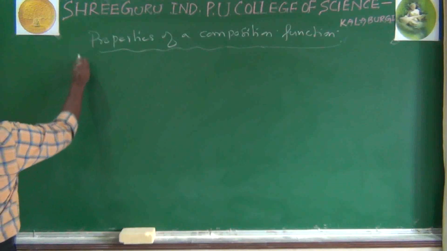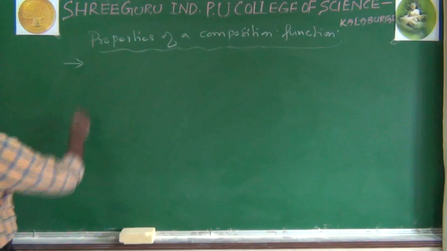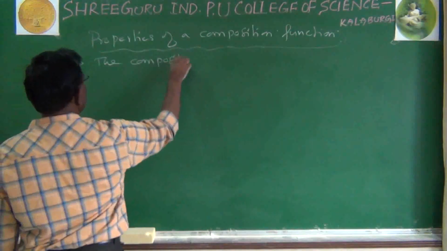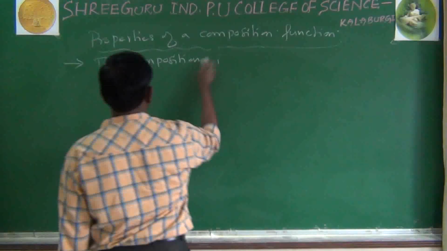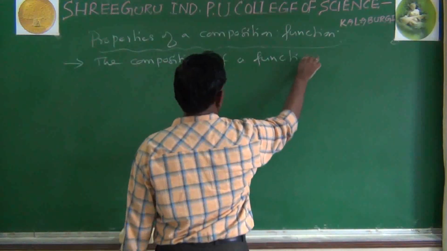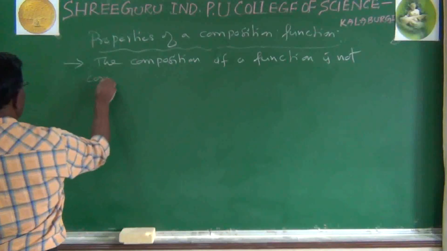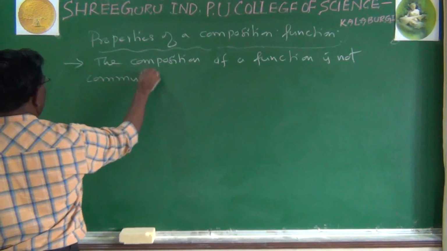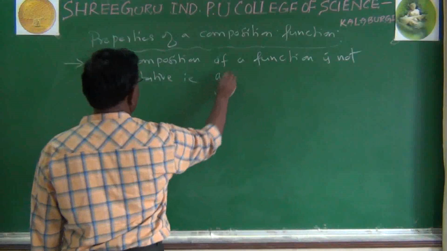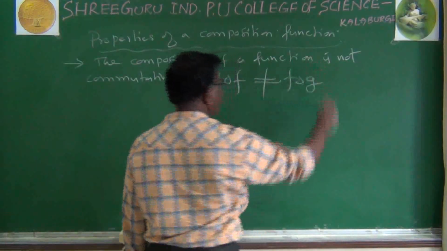The first one is that the composition of a function is not commutative. That is, G composition F is not equal to F composition G.